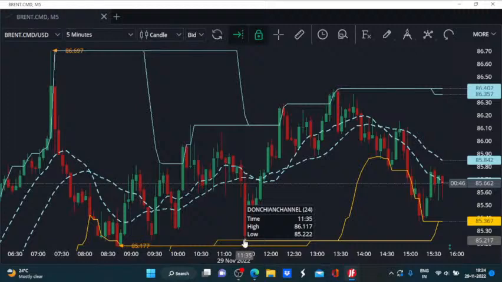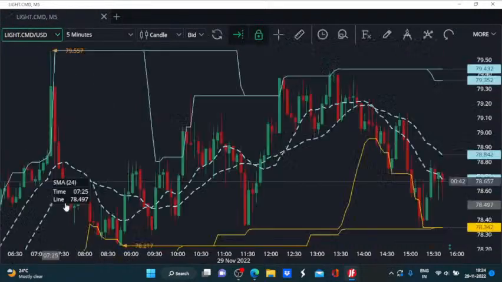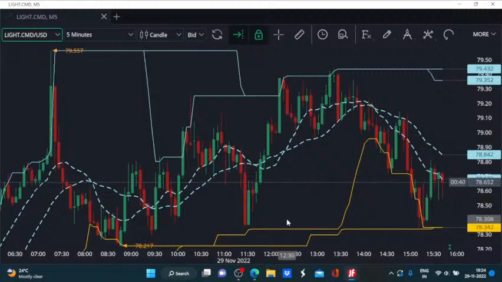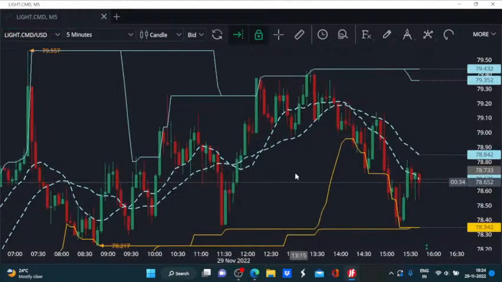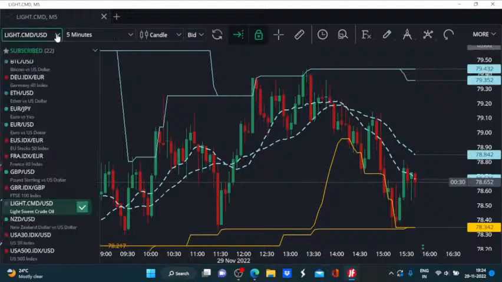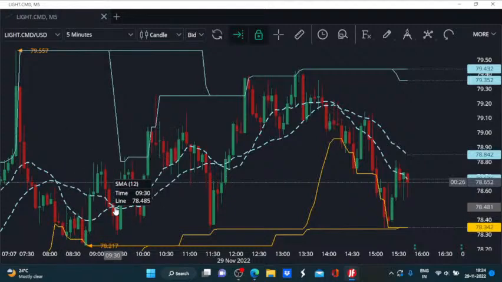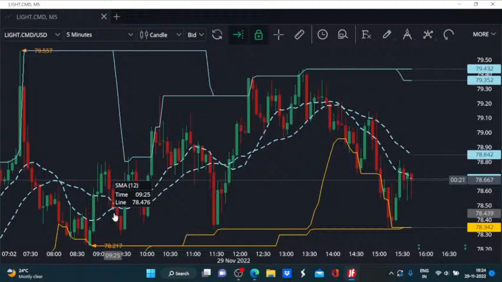So if we compare its high and low formation, we will get a good idea of who has the slightly stronger tendency on the bullish side, and that seems to be in favor of the Brent. We have the strong tendency in the Brent. The light crude oil also has a bullish trajectory, but only in terms of the strength there is a slight difference, not much of a difference.